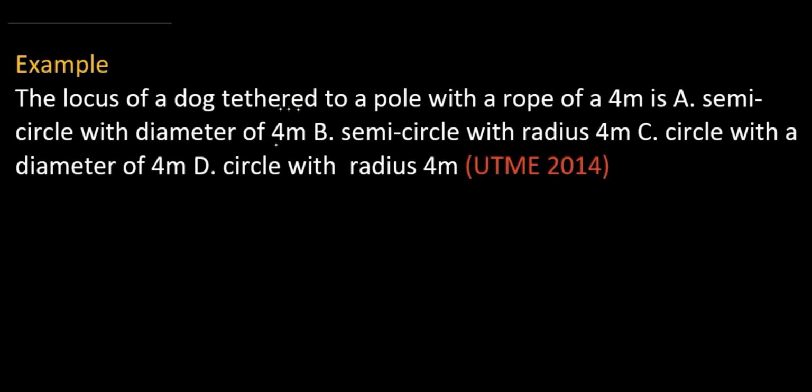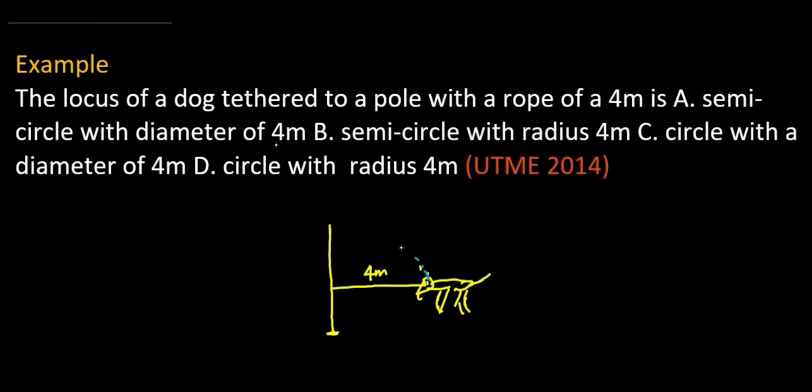Example: the locus of a dog tethered to a pole with a rope of 4 meter. If we have the locus from a fixed point, you should know that it's a circle. This is a pole, we have the dog there, and the rope is 4 meter.